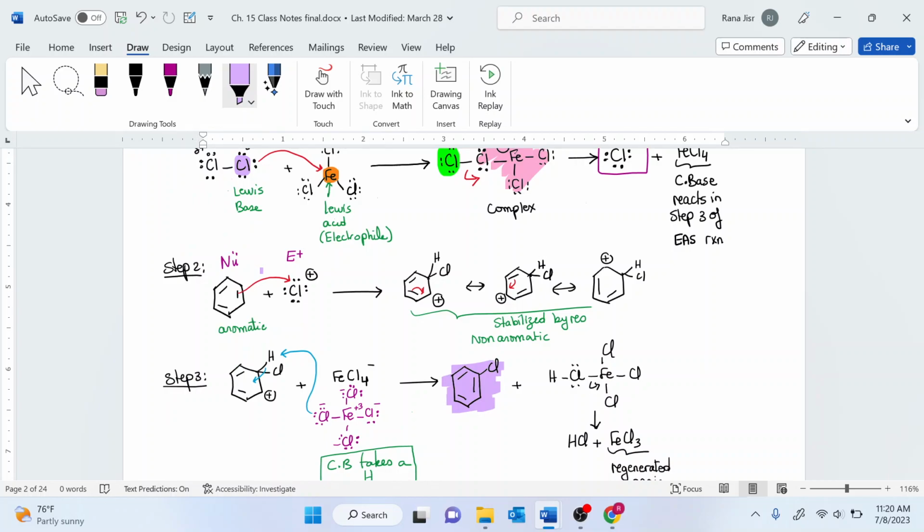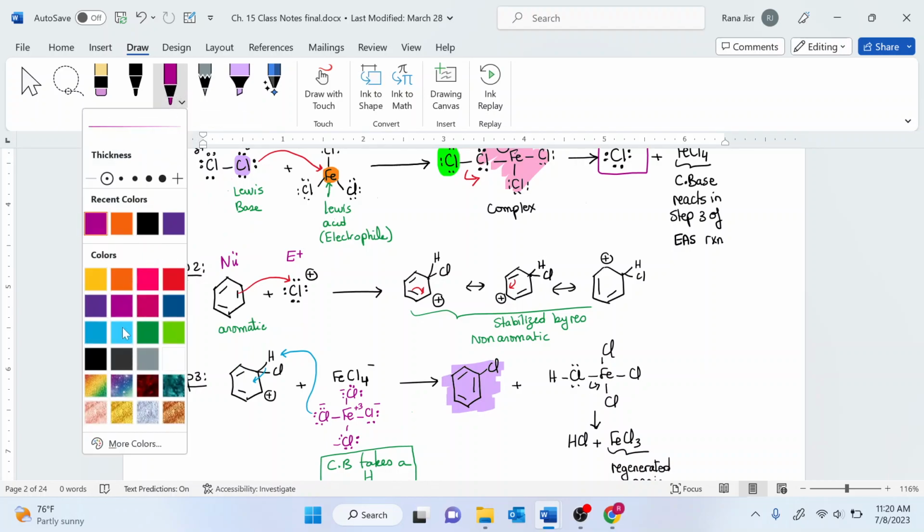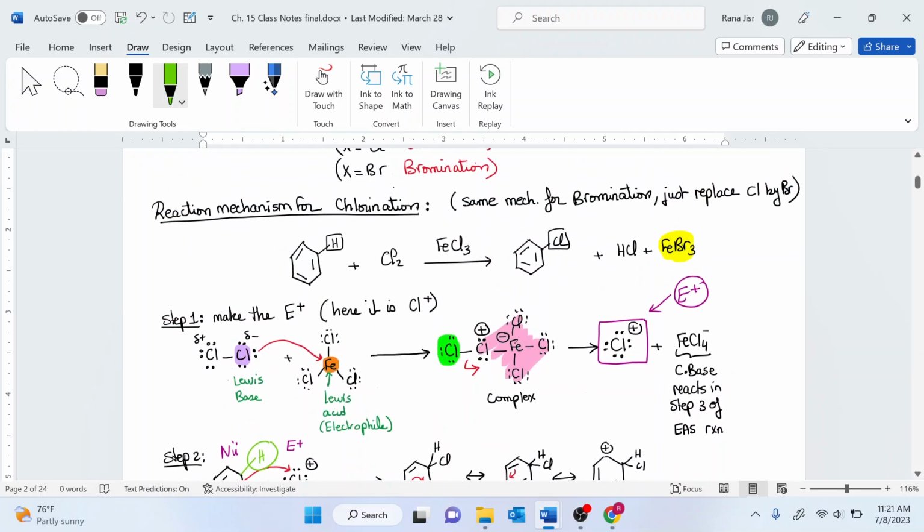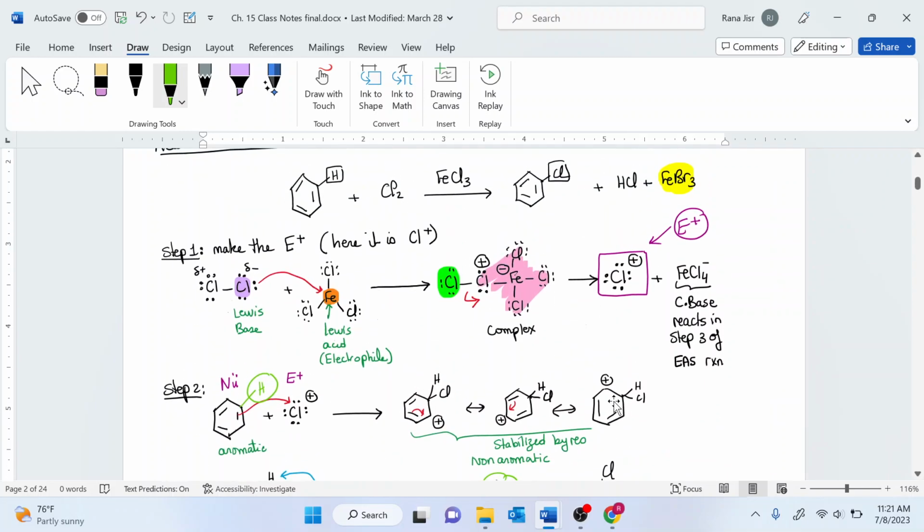So all I did is simply replace the hydrogen on the benzene with a chlorine. This reaction could not happen if you did not have a Lewis acid in there. So the Lewis acid is a must in order to create the electrophile and form the conjugate base for the reaction to happen.